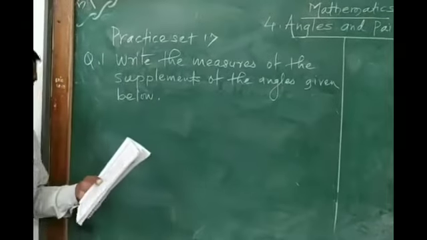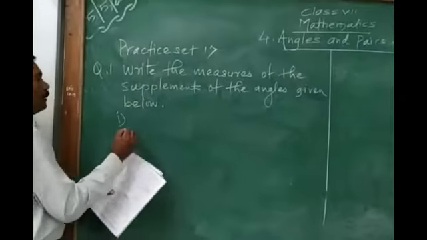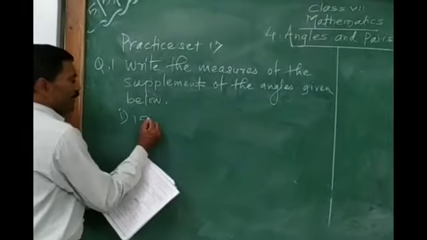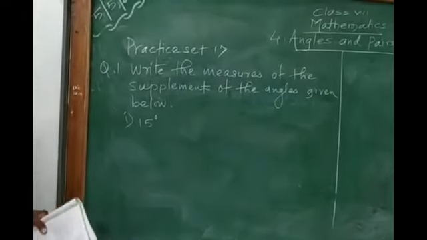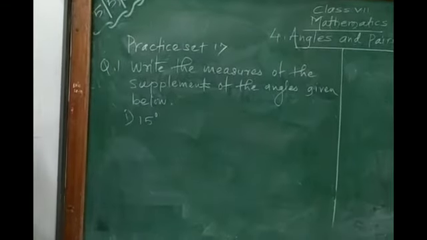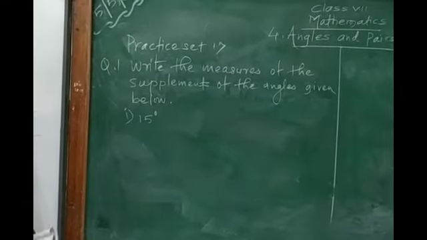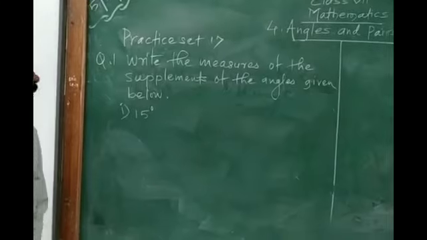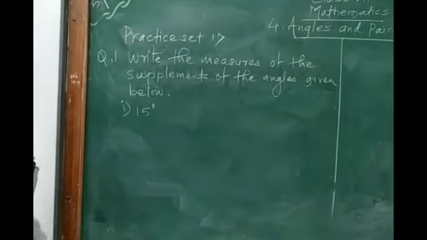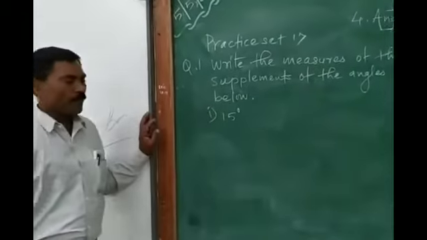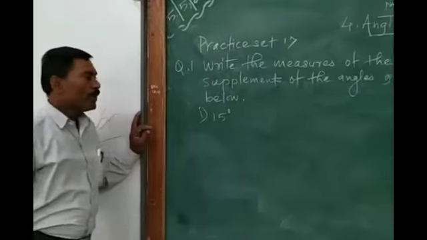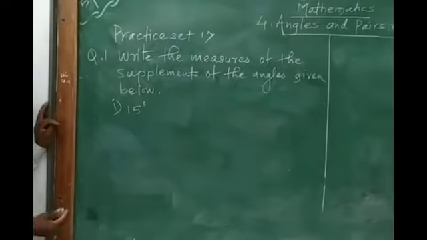In the question, first is given 15 degrees. Now we have solved practice set 16 on complementary angles. There we assumed the measure of the complementary angle to be x, and then we got the measure of the complementary angle. Here also we are going to do the same.